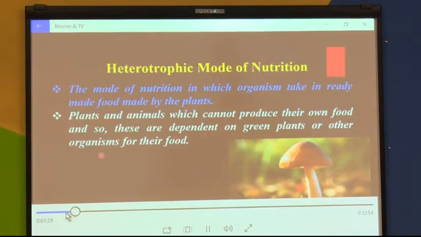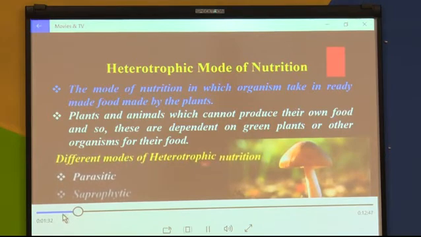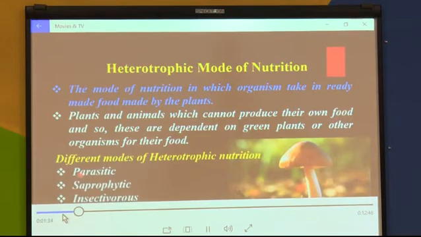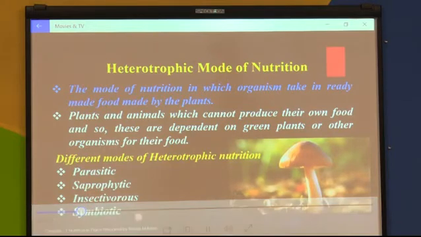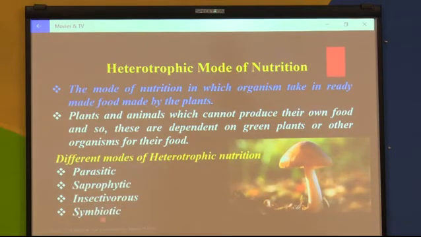There are different modes of heterotrophic nutrition. First one is parasitic, second is saprophytic, third is insectivorous, and fourth is symbiotic. So, these are the 4 different modes of heterotrophic nutrition.